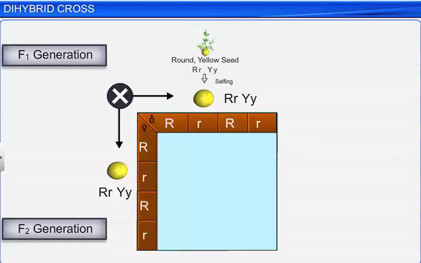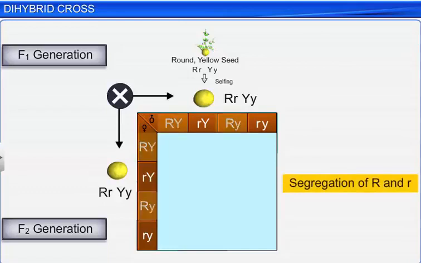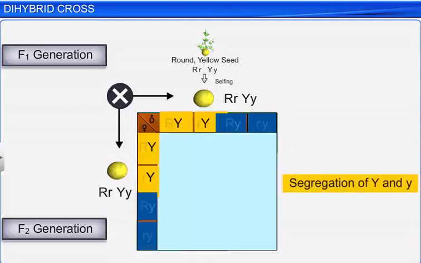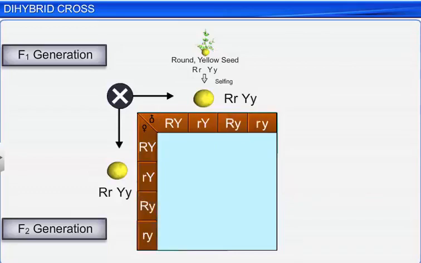Now, apart from each gamete having either capital R or small r, it must also have either capital Y or small y. Here, it is important to note that the segregation of 50% capital R and 50% small r is different from the segregation of 50% capital Y and 50% small y. Hence, 50% of the gametes bearing small r has capital Y and the remaining 50% has small y.